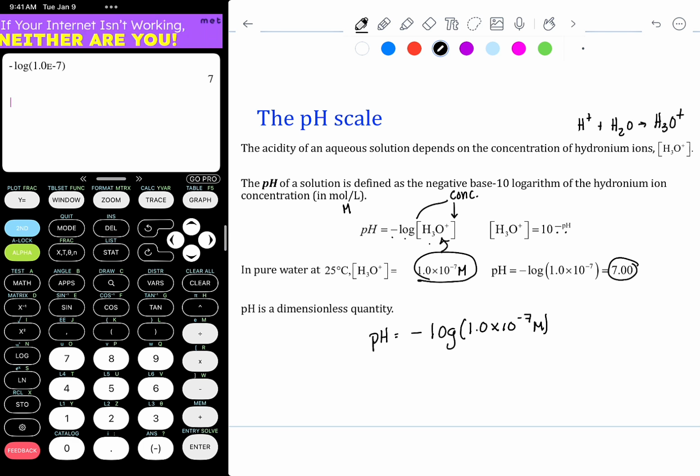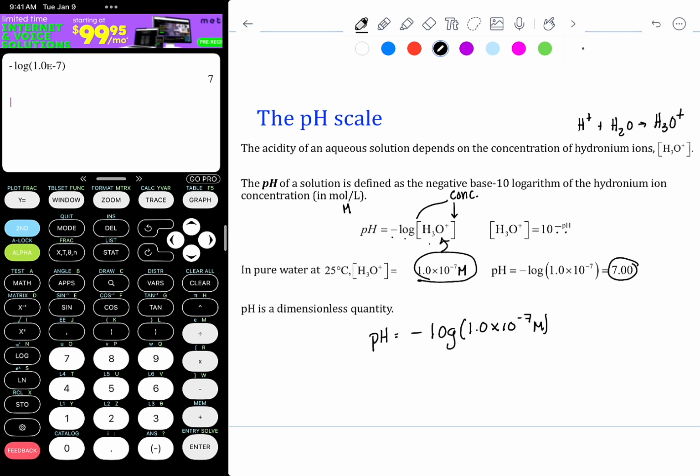So again, you can also try this on the ALEKS calculator. You will always have the ALEKS calculator on your screen, so you can always use that. But on graphing calculators, that's how you plug this in. If it's not a graphing calculator, if it's one of the small calculators, you usually have to type in the concentration and then hit the log button and then remember to change the sign. So keep that in mind. Please practice it on your own calculator.